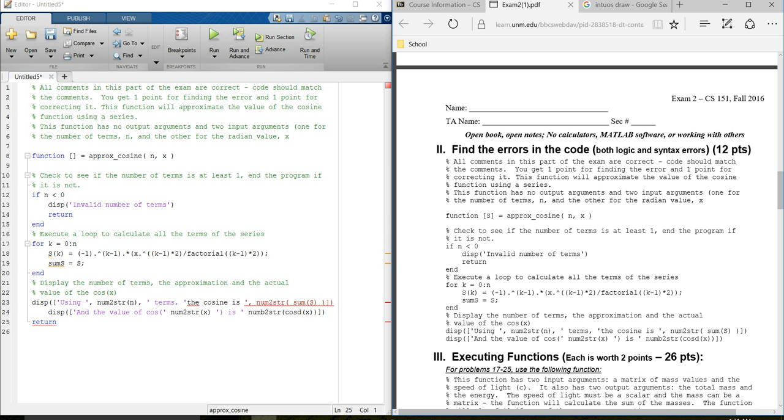Check to see if the number of terms is at least 1 in the program. If it is not, right here, we're not checking to see if it's at least 0. It's checking to see that it's at least 1.